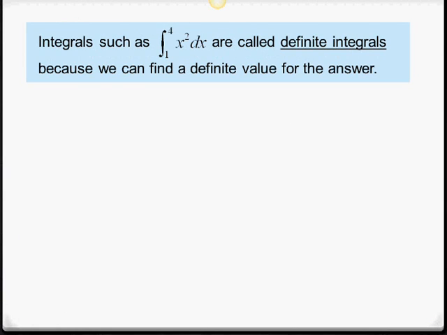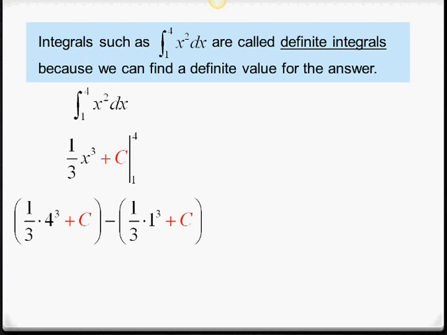Integrals such as the integral from 1 to 4 of x squared dx are called definite integrals because the answer is a real number, a definite number. If I find the antiderivative to be 1/3 x to the third plus c, and I put my 4 in and my 1 in, I'd get 1/3 times 4 to the third plus c minus 1/3 times 1 to the third plus c. And I work that out, I'll get 64/3 plus c minus 1/3 minus c when that negative is distributed in.